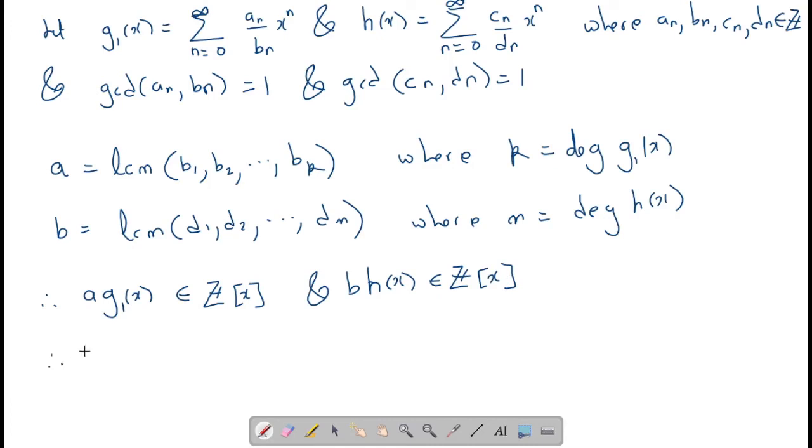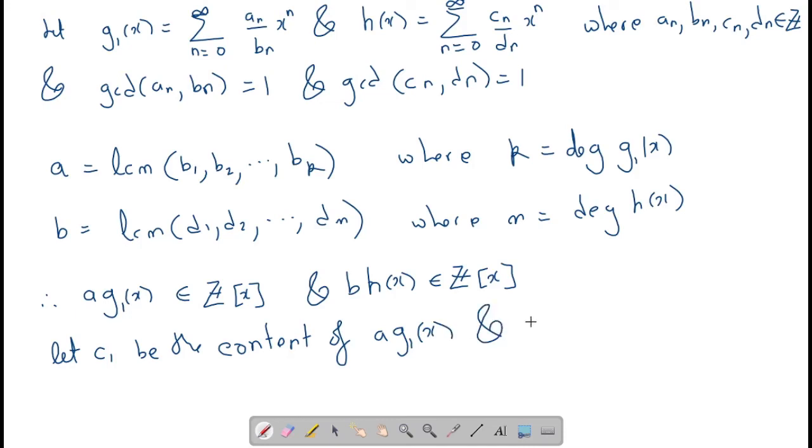Therefore, we will let c1 be the content of a times g1 of x, and we will let c2 be the content of b times h of x.